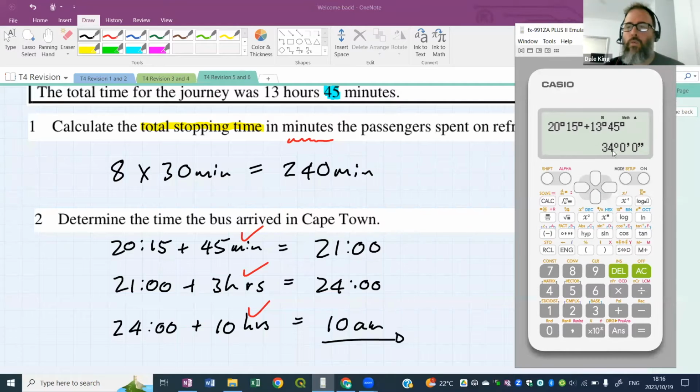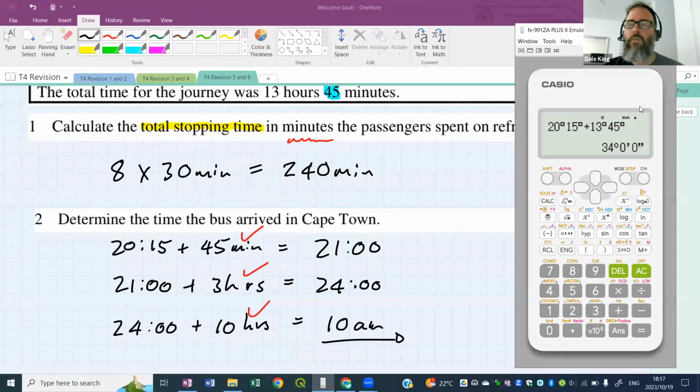What you'd have to do with this answer here is remove the 24 hours out of that. So what you can think of is it goes from 2015 up to 24, and then you've got to start again. So in the answer here, which is 34, take 24 out and then start again. If you take 24 out, you're left with 10. So it should take you to 10 o'clock.